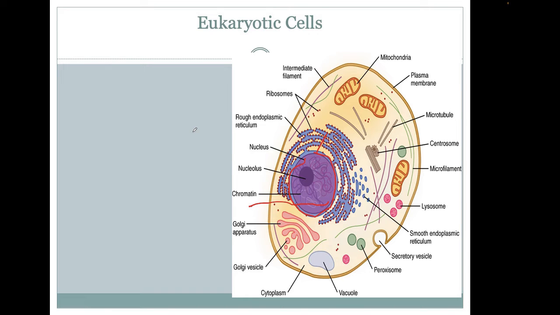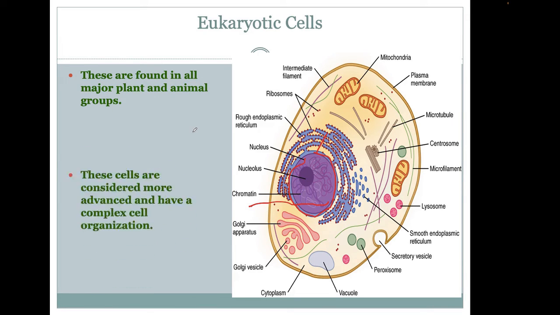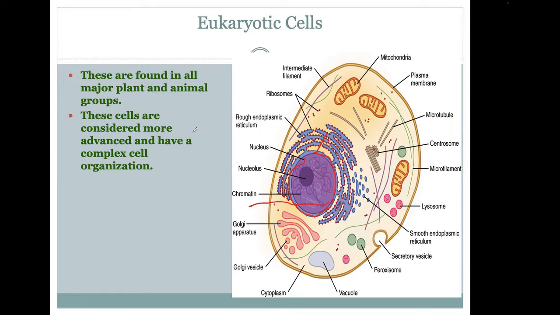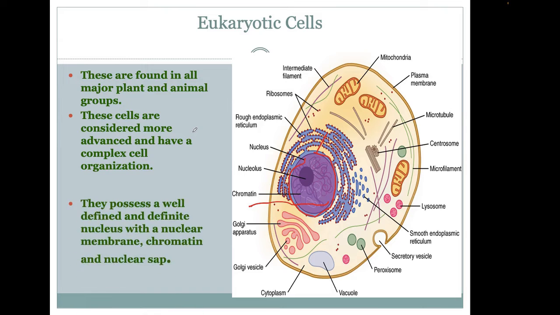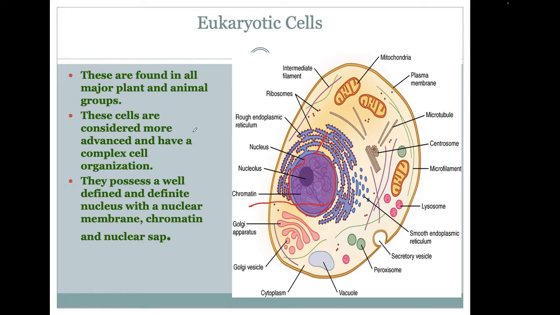Eukaryotic cells are found in all major plant and animal groups. These cells are considered more advanced and have a complex cell organization. These possess a well-defined and definite nucleus with a nuclear membrane, chromatin and nucleolus. We can see in this diagram, this is the eukaryotic cell. In this eukaryotic cell, this is the nucleus.